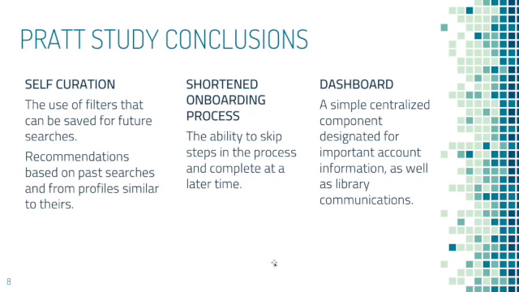Then a shortened onboarding process, which gave patrons the ability to skip steps, fill out just the most important information, and come back at a later time to finish the form. And lastly, the use of a dashboard, a simple component designed for important account information and any alerts and things like that.